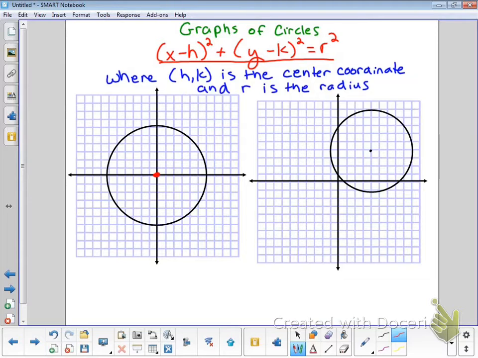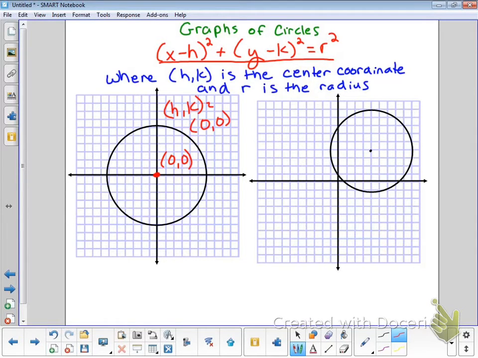and you can see that they have different center coordinates. So looking at the left, you'll see that our coordinate for the center of the circle is (0, 0). That means that our (h, k) is (0, 0). So we're going to plug that into the formula along with our radius.